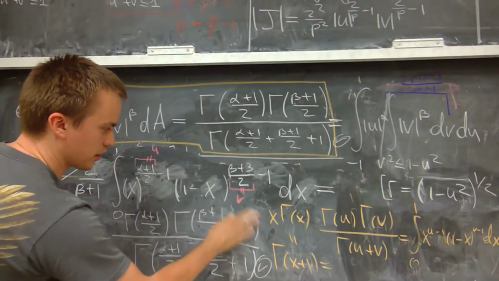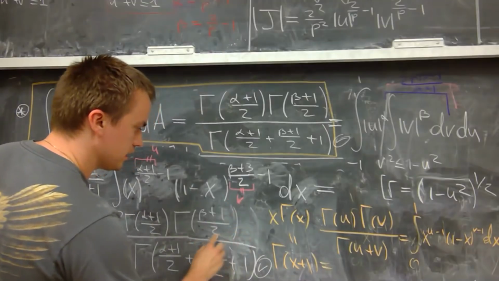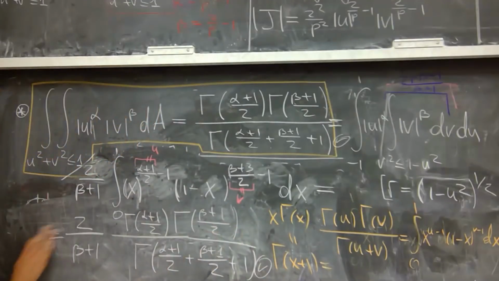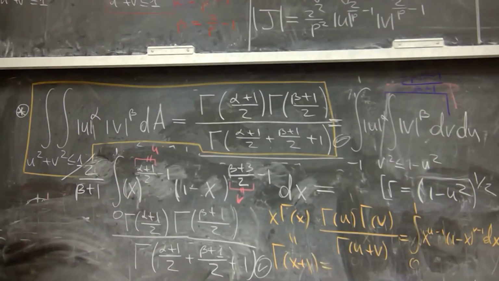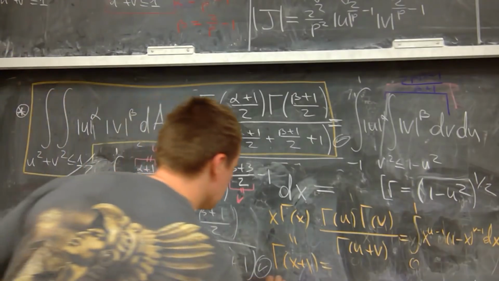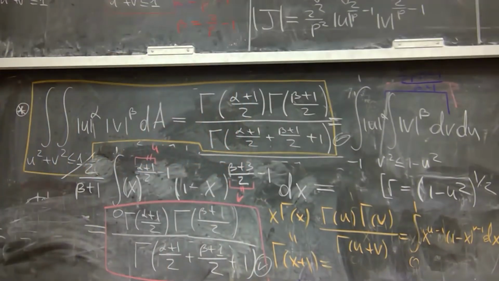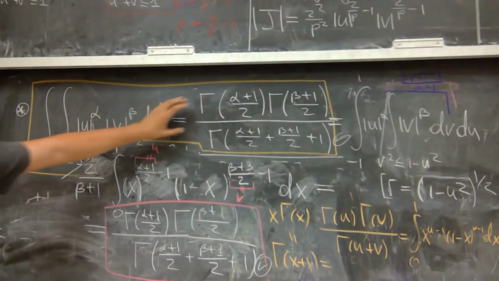So I'm erasing 1 over here, but I need to put this x in front of my integral. And in front of the integral, I will have exactly beta plus 1 over 2. So beta plus 1 will cancel, 2 and 2 will cancel. And finally, we're going to get this integral. So what we just did over here, we proved this claim.